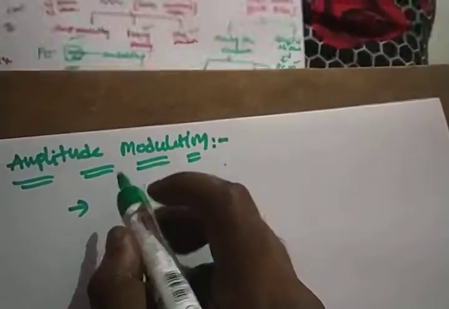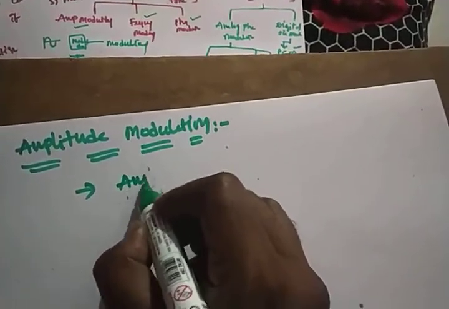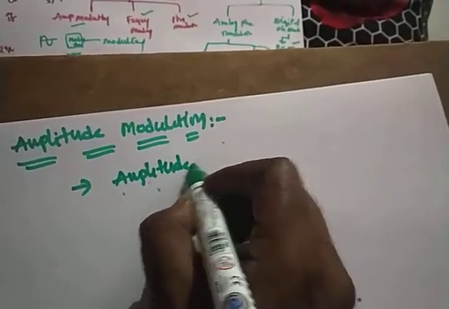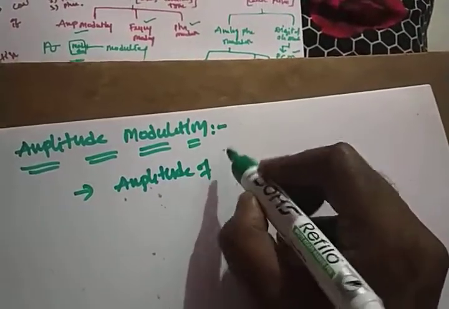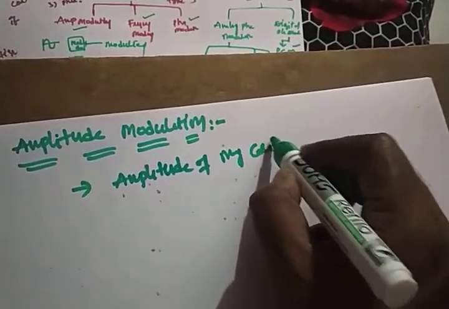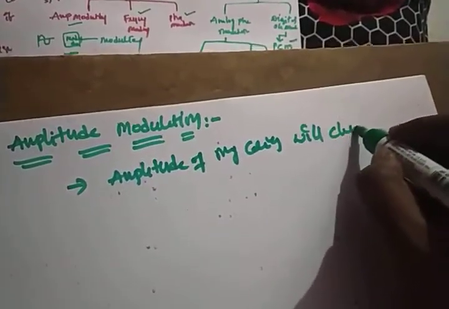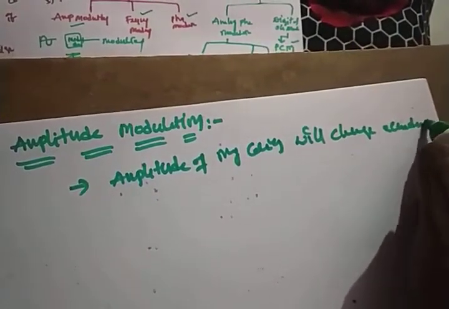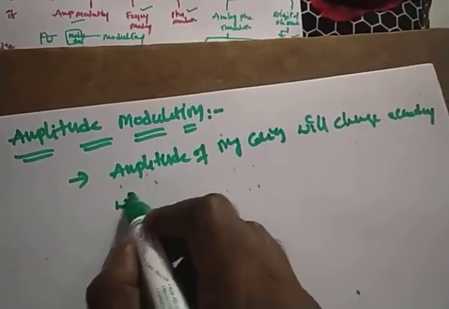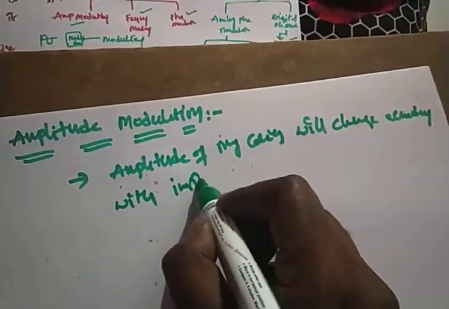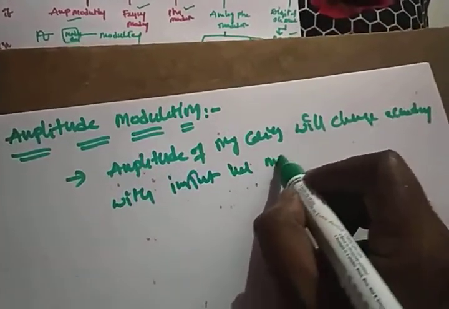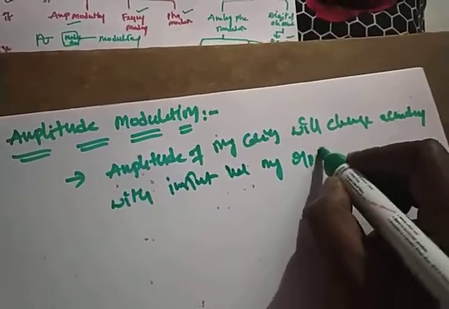That means the amplitude of my carrier wave will change accordingly with the instantaneous value of my input signal or message signal.